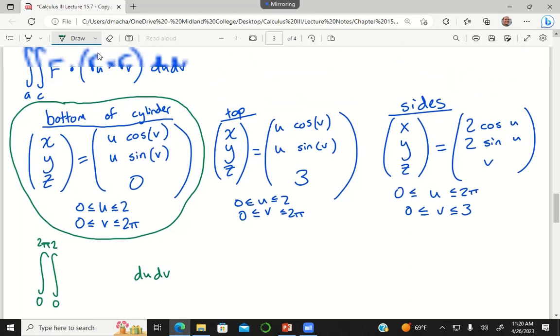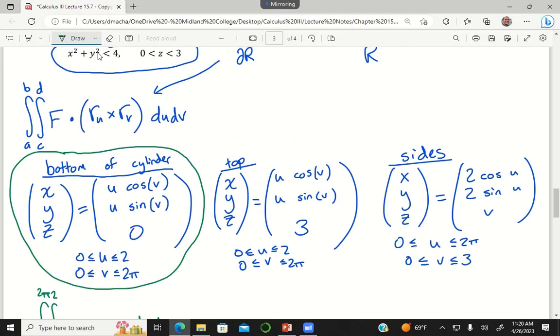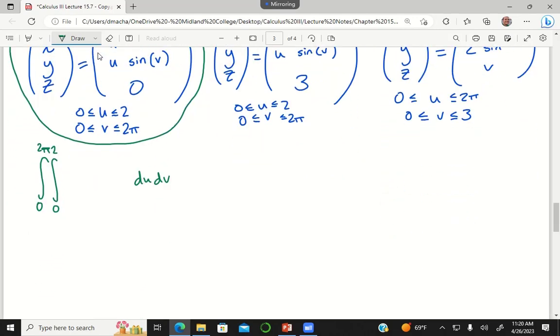And what goes inside here is going to be the vector field F dotted with the partial with respect to u cross the partial with respect to v. And actually, I should probably just go ahead and find those partials and then take that cross product first before I try to set up the rest of this integral.